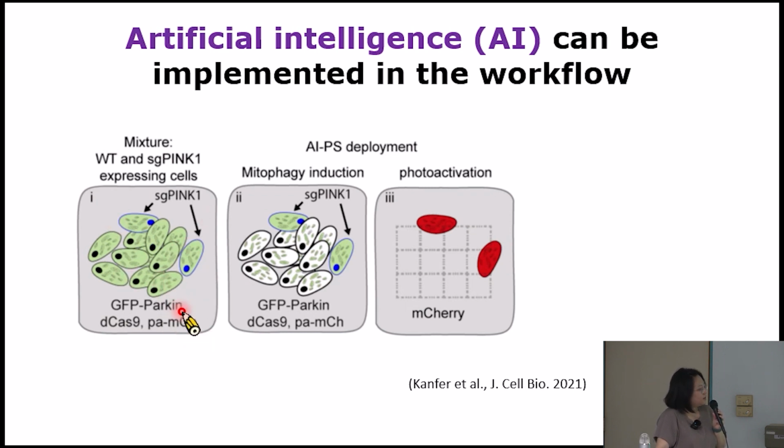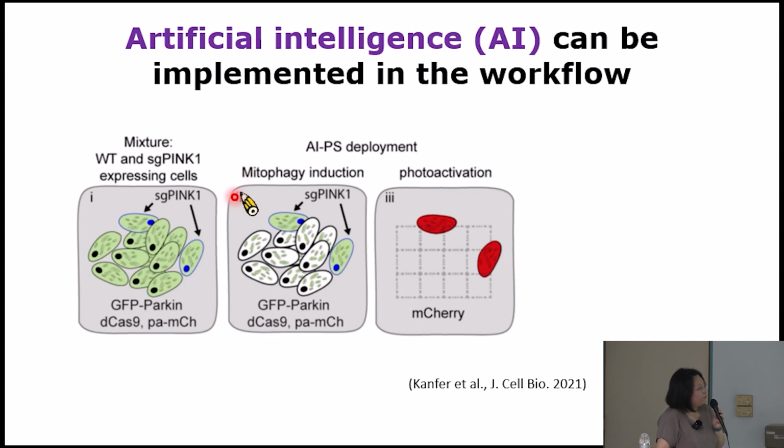But parkin is known to translocate into the mitochondria when the mitochondria of those cells are dysfunctional, and it's about to undergo mitophagy, which is a process that allows you to degrade the sick or dysfunctional mitochondria in the cell.